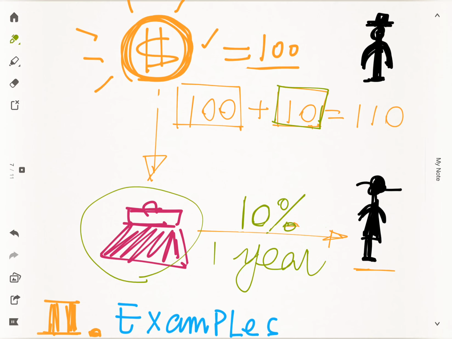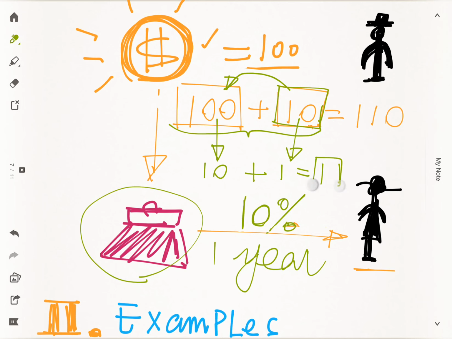As the definition says, the $10 of interest, as compound interest, goes into the principal in the second year. So in the second year, the woman has to pay the interest on the $100, which is $10. And she also has to pay the interest on the $10, which is $1. So she has to pay $11 in the second year, just as interest.